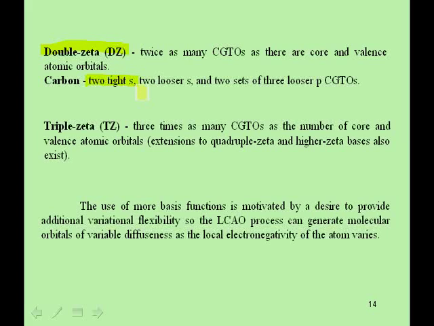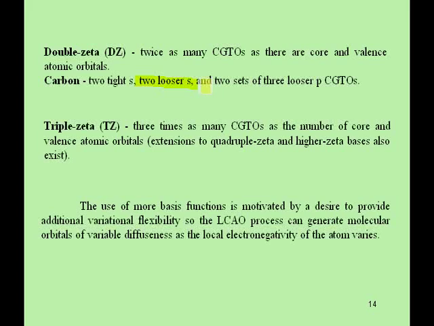Generally, if you have a minimal basis set with a function of a certain tightness, in the double zeta basis set you'll see a function that's a little bit tighter than it was in the minimal, and a little bit looser. You're trying to span different radial space, if you will. So we'd have two tight s functions to span the 1s world, and two looser s functions to span the 2s world.